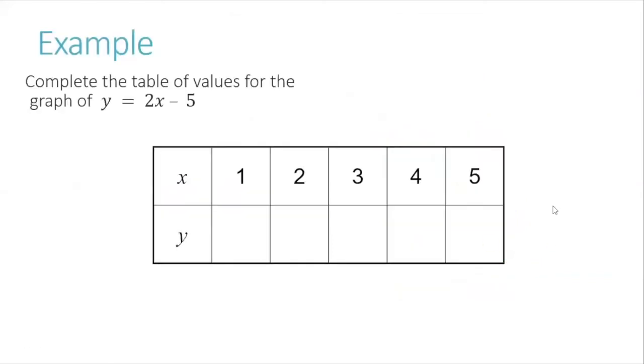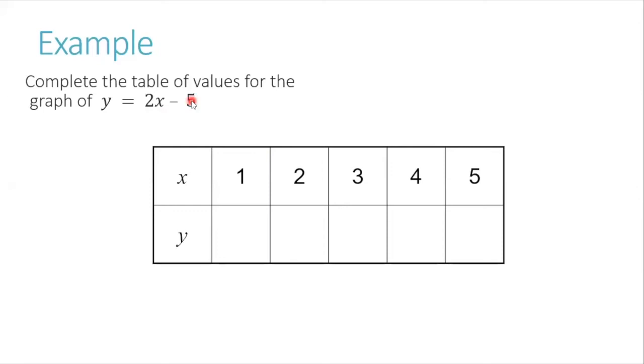So here's an example, and you guys can write this down as I explain as your first example. Here we have a linear equation or linear function, y equals 2x plus 5. And let's remember the slope-intercept form. This equation is in the slope-intercept form.